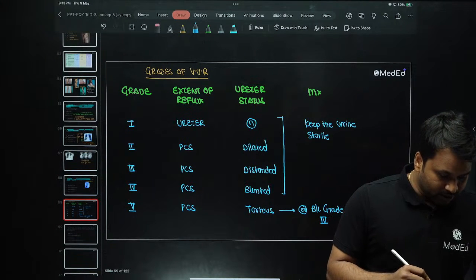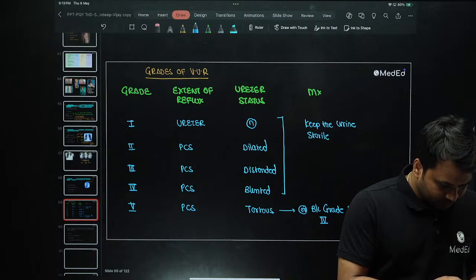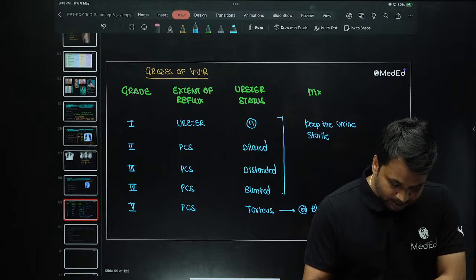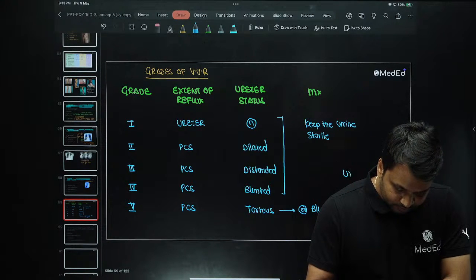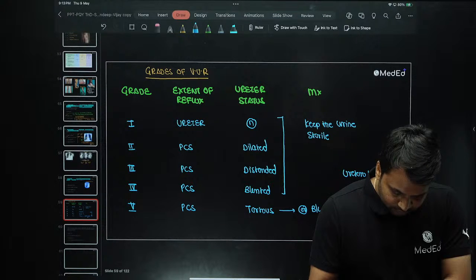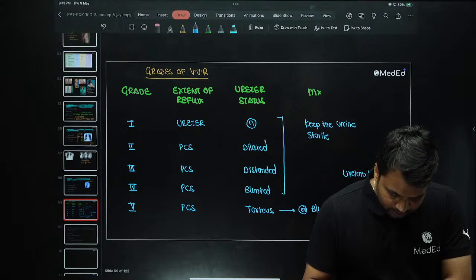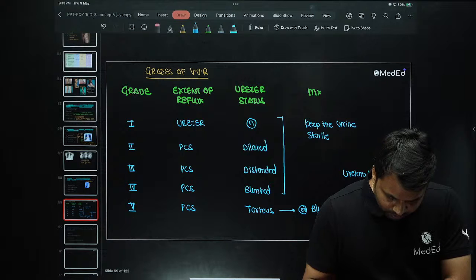The surgery that you have is ureterovesicoplasty, or STING, that is subureteric transurethral injection of Teflon glue.